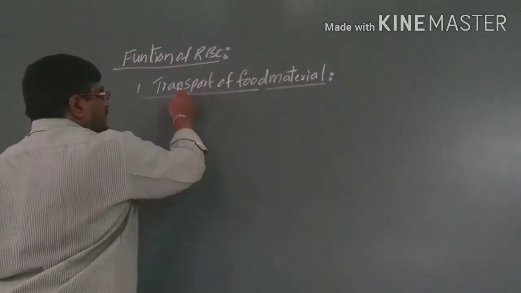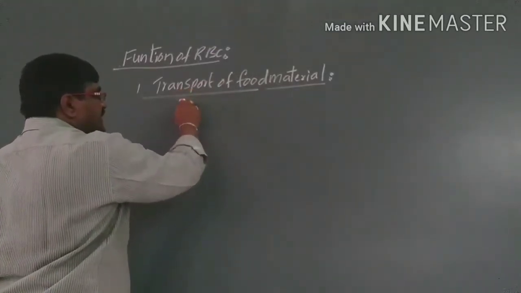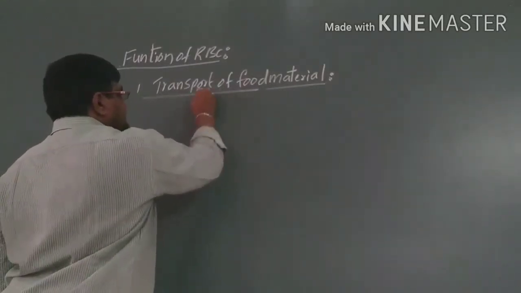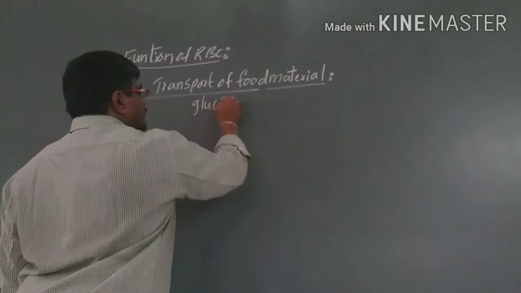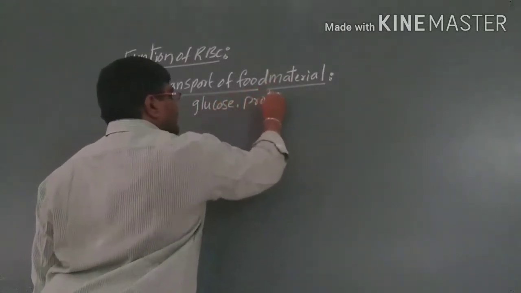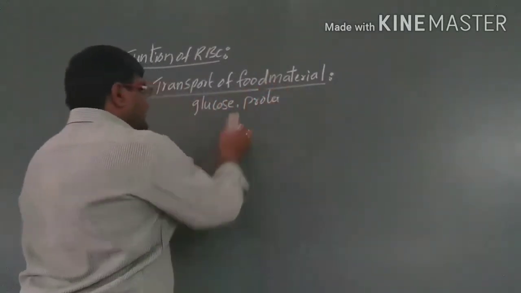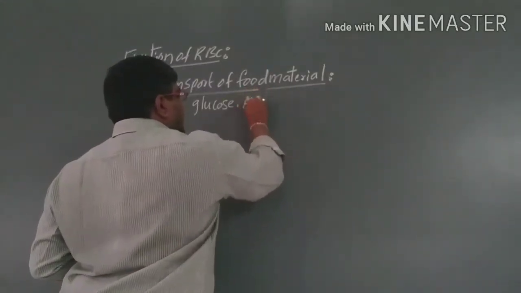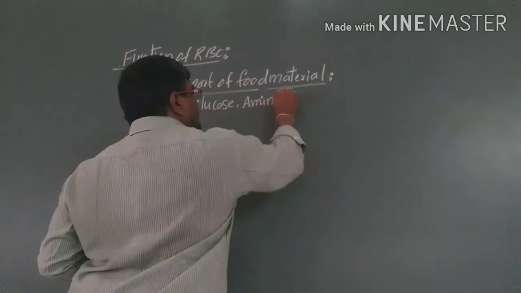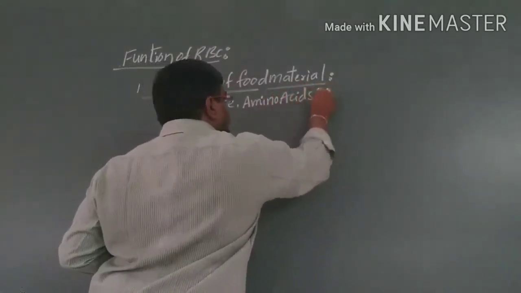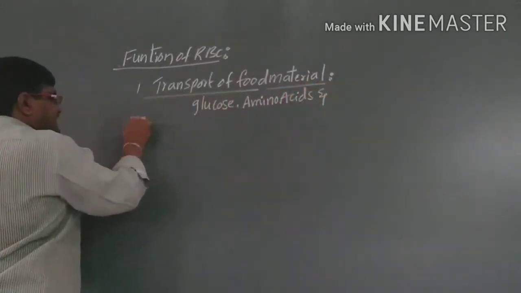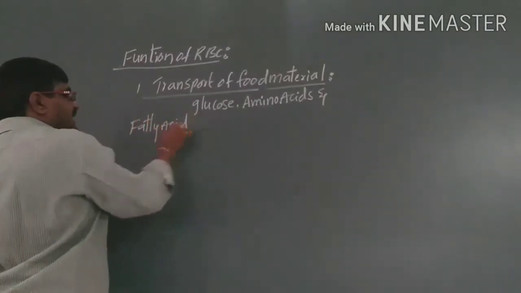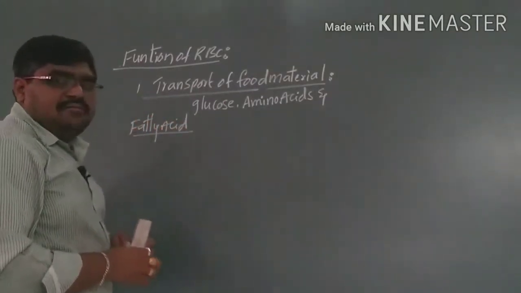carbohydrates, that is glucose; proteins, that is amino acids; and fatty acids. These are the simplest forms of the food materials.